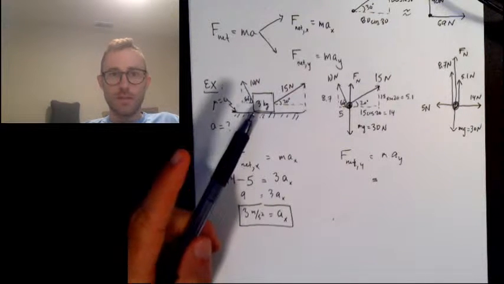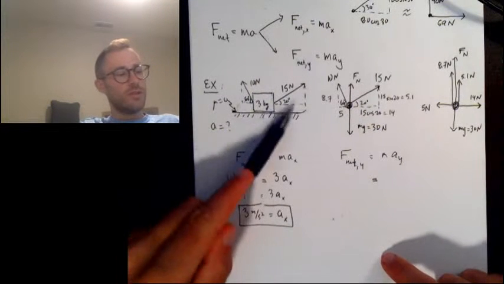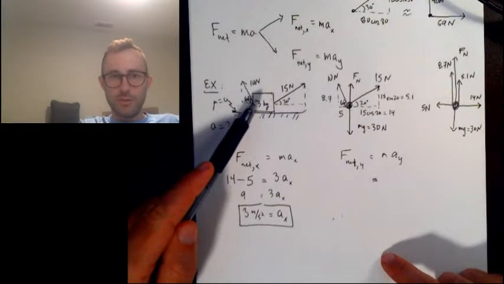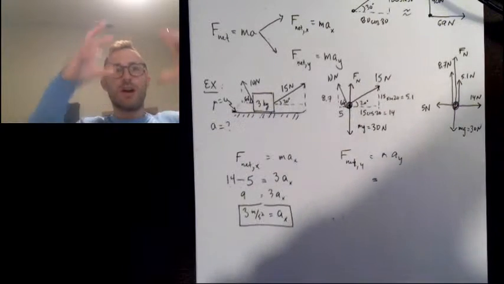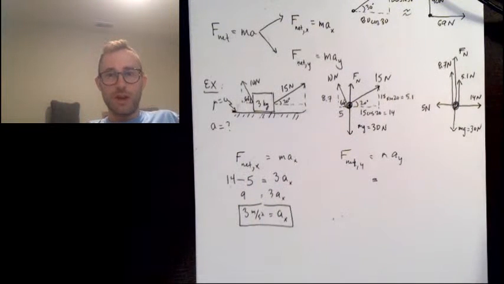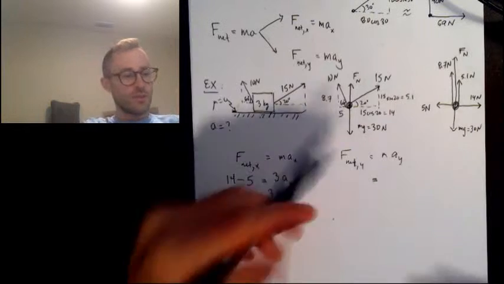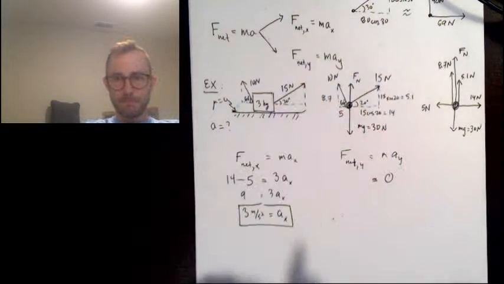So these two forces are not enough to lift the 3 kilogram box. So this box is not going to lift up into the air, and because of the floor, it's not going to sink into the ground. So it can't go up or down. So the acceleration in the y direction is 0.